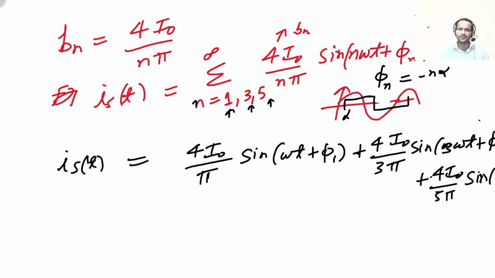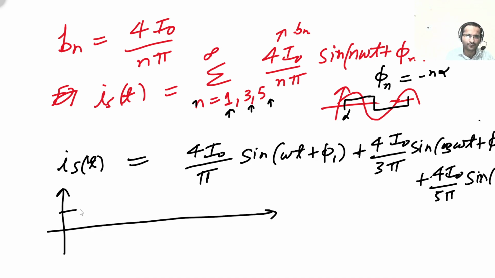We have other components like 7 omega t, 9 omega t, 11 omega t, 13 and so on.